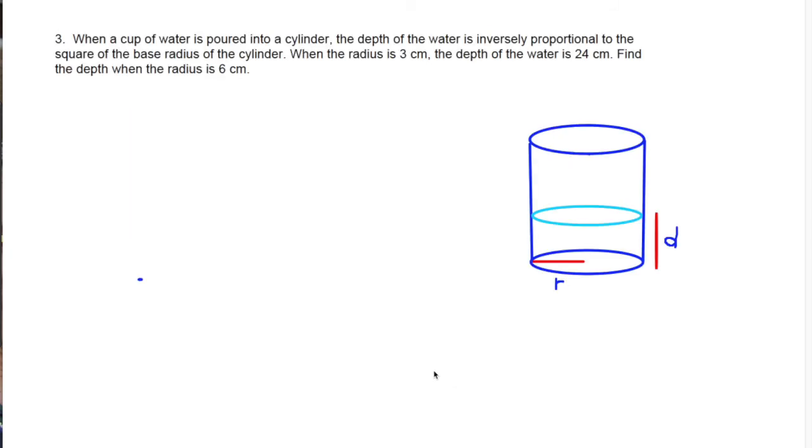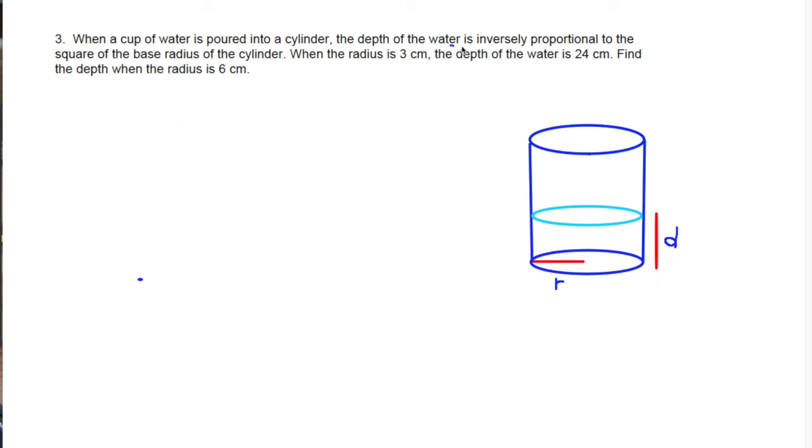In this example, we are looking at a cup of water that is poured into a cylinder. The depth of the water is inversely proportional to the square of the base radius. As we know, when the radius increases, the depth of the water will drop. Therefore, this is an inverse proportion.